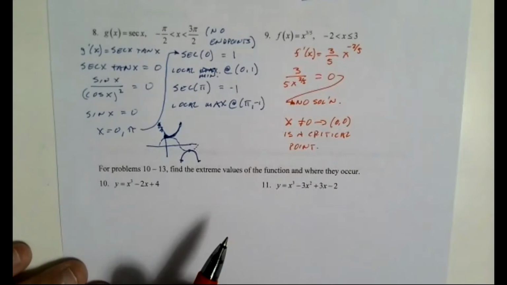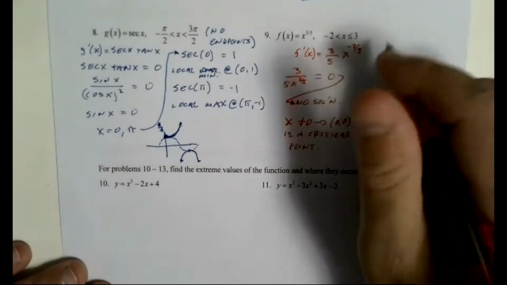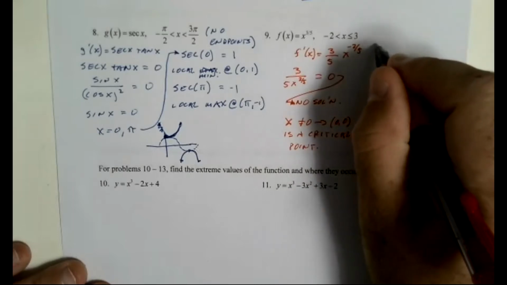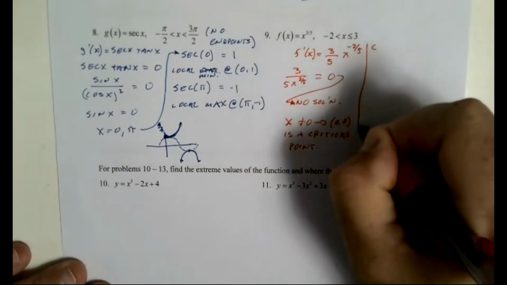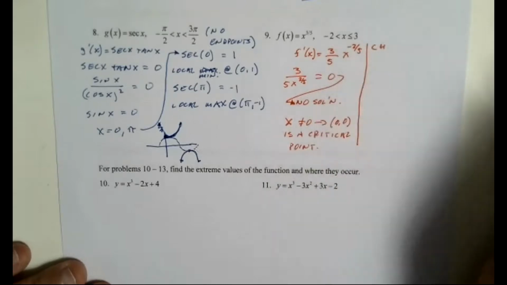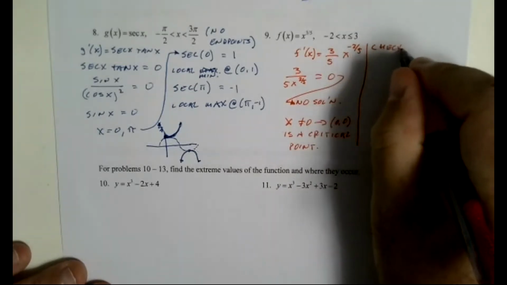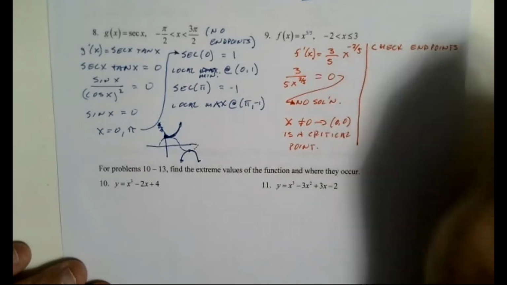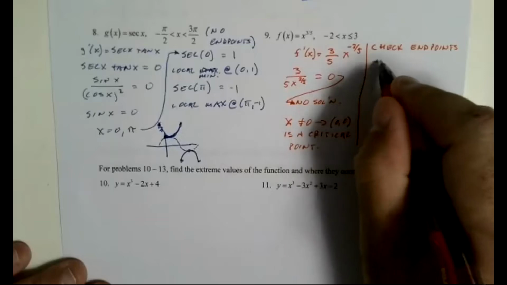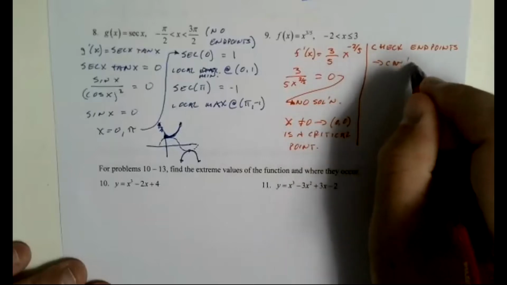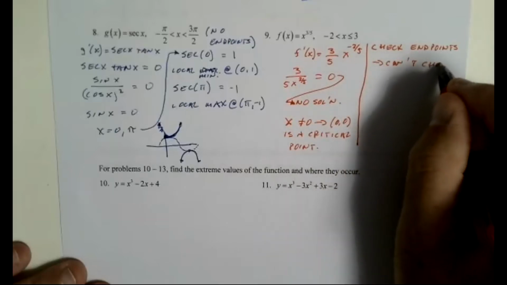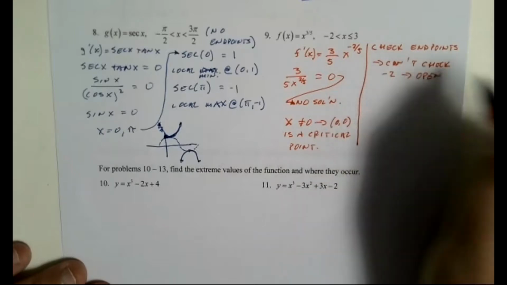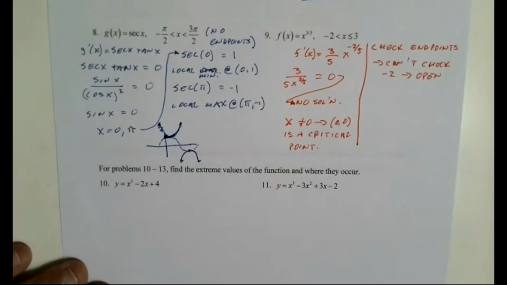Endpoints. Can't check -2. It's an open interval on that side.